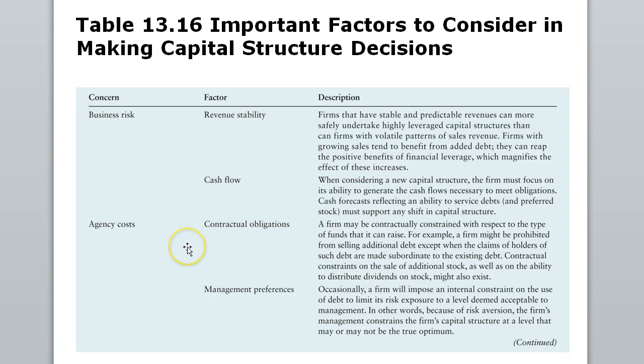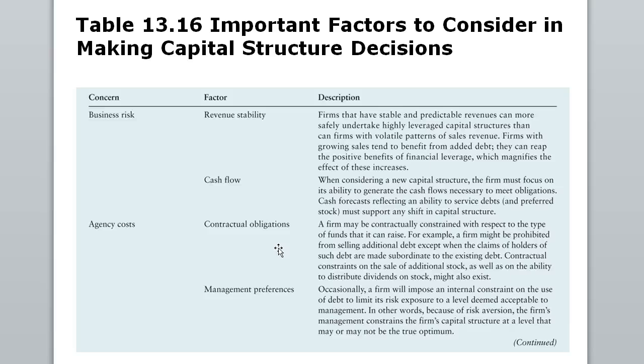If we look at contractual obligations as part of agency costs, having more contractual obligations is something you consider in your capital structure decision, along with management preferences. What does management prefer to do in signaling, what is acceptable in terms of risk aversion, and what obligations would you have to take on by selling additional debt? These are all other considerations in formulating your capital structure.